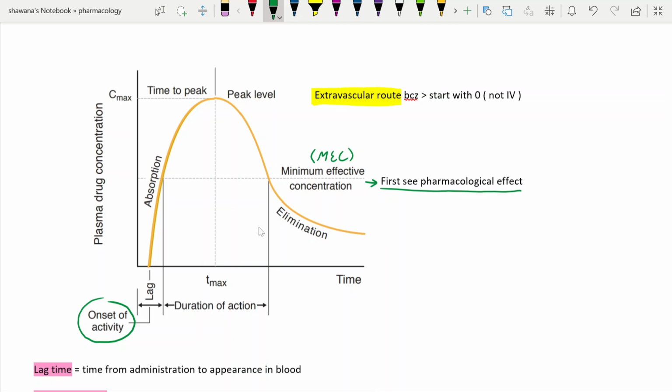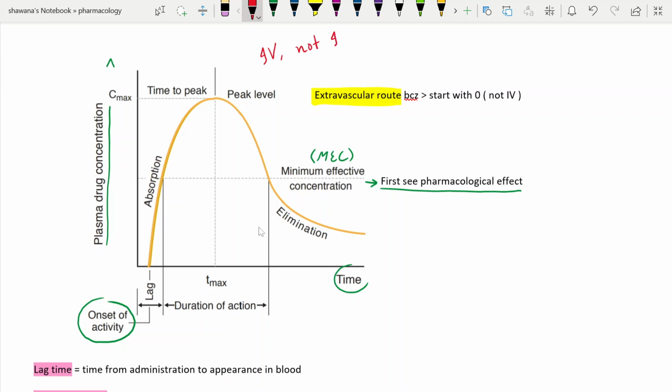This is a graph representing time from administration through absorption and then elimination of a drug. On the x-axis we have the time, and on the y-axis we have the plasma drug concentration. So I have a question: is this graph for IV or not?